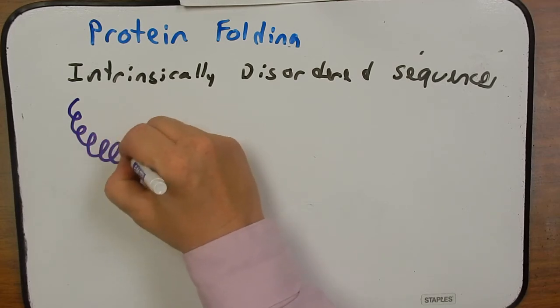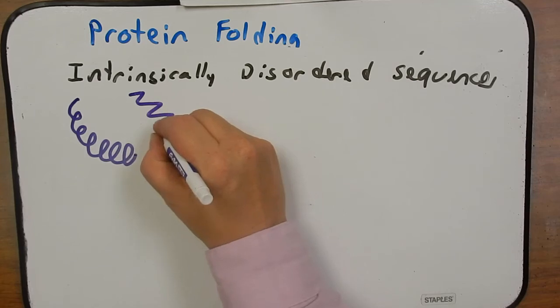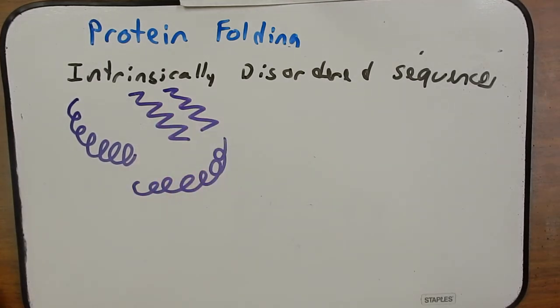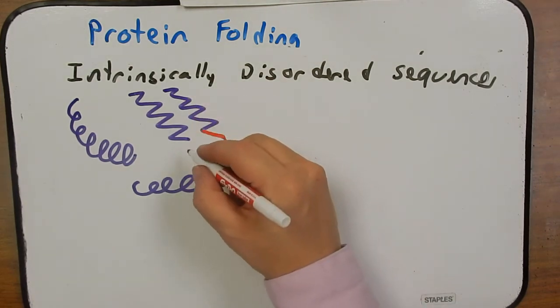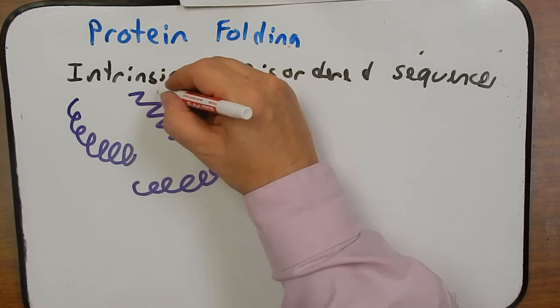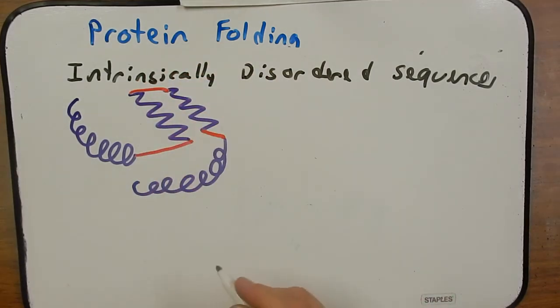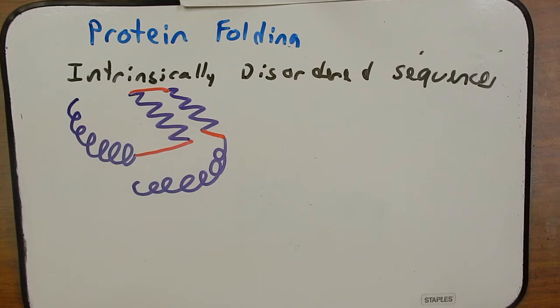Maybe you have an alpha helix here, and then maybe you have a beta pleated sheet over here, and maybe another alpha helix here. Sometimes there are regions without structure, without a secondary structure, like here. And their purpose, as far as we can tell, is to stabilize this structure, to make sure that these secondary structures are held in the right position.